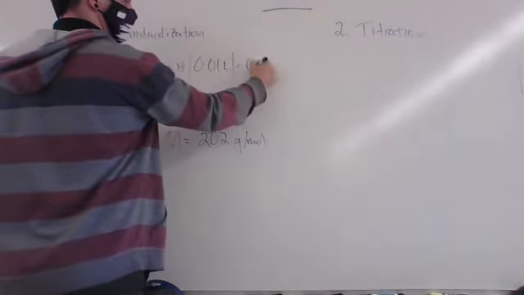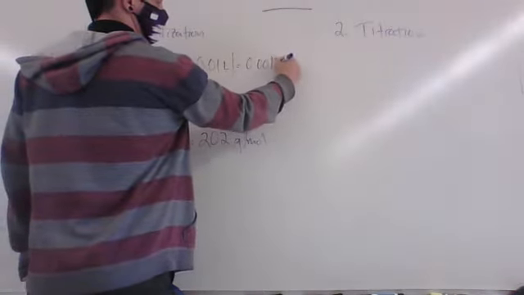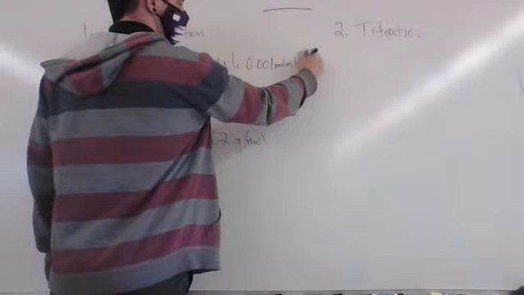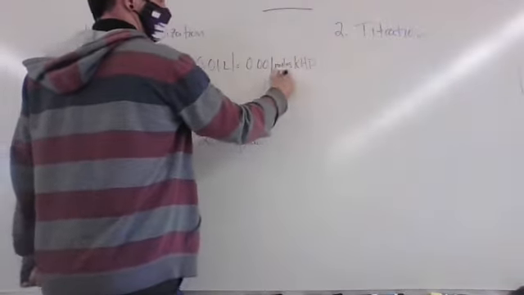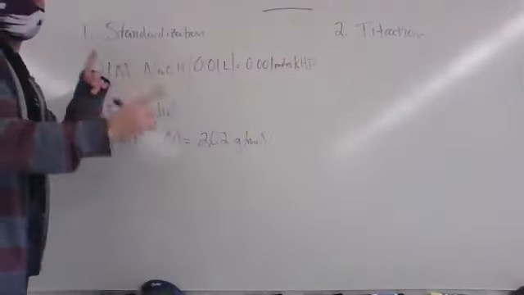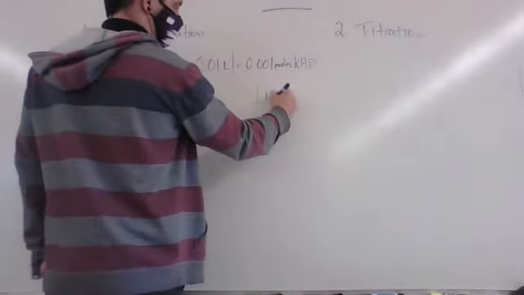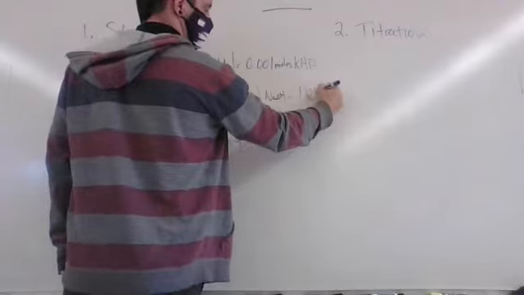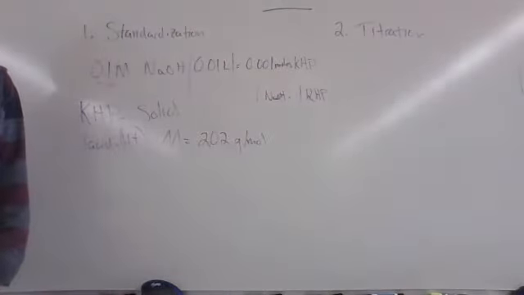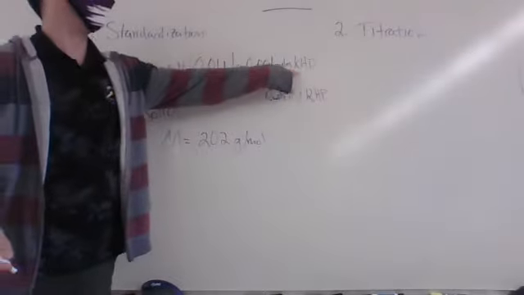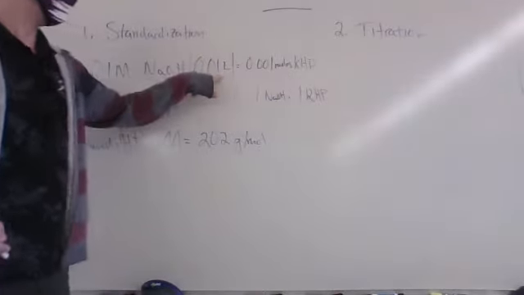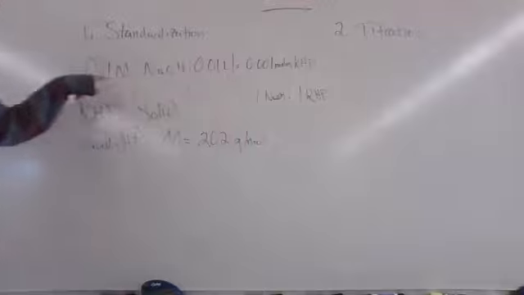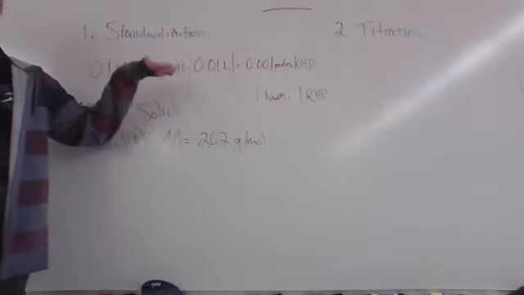That means we need 0.001 moles of KHP, because it's a 1-to-1 ratio: 1 NaOH for every 1 KHP. So we're going to need 0.001 moles of KHP to neutralize 10 milliliters of 0.1 molar NaOH, about.